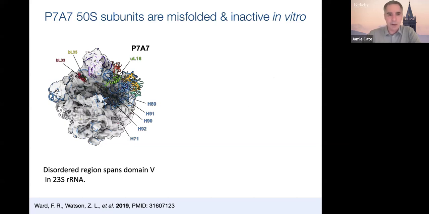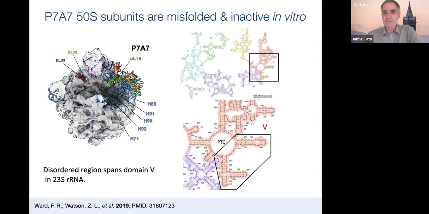And this is, again, a cryo-EM map in gray. Any of the model that's sticking out of the gray means that it's not very well positioned, and not very well ordered. So this was a damaged ribosome in a way. And if you look at ribosomal RNA, what I'm showing over here is called a secondary structure.